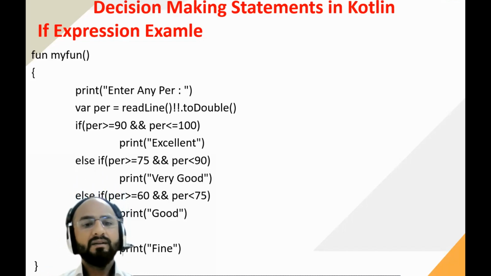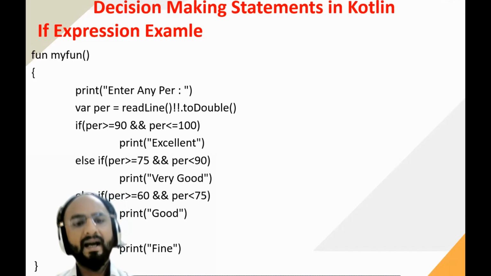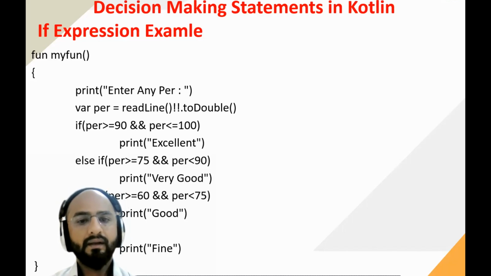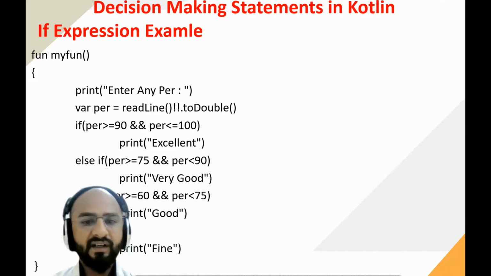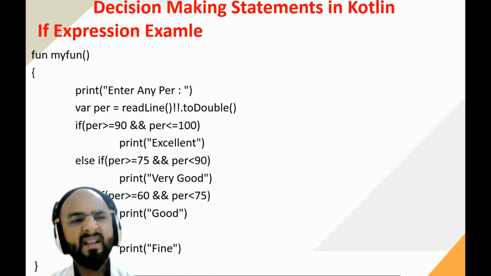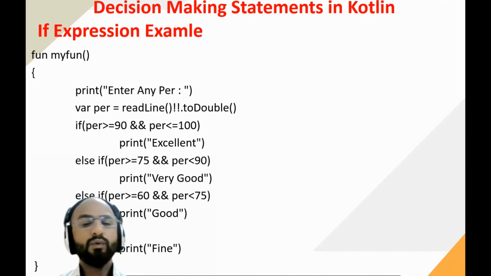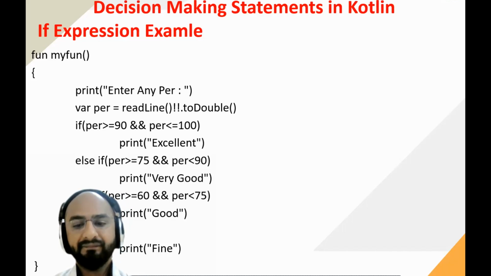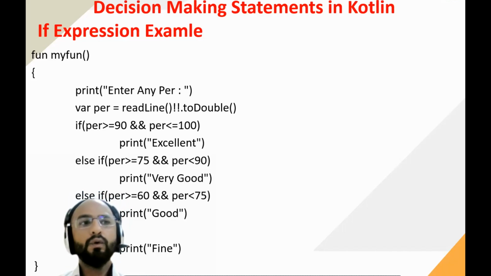See over here, var percentage equal to readLine, then the exclamation sign and a dot. The exclamation sign is used to convert your data into another data type, right? It is also called data type conversion. So we have taken the data by using readLine, and we are converting that data into a double value.